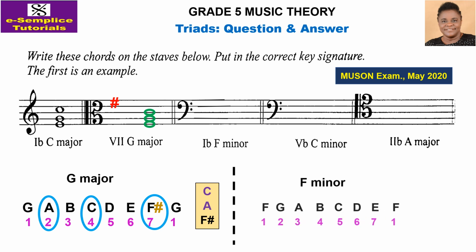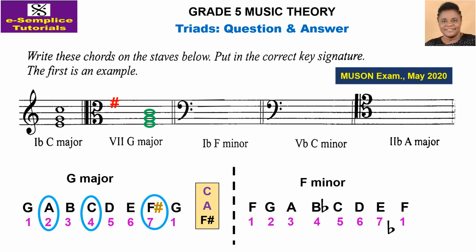So let's do that. The notes in F minor, let's add the key signature accidentals. We have B flat, E flat, A flat, and D flat. Because this is a minor key, we need to raise the 7th note, and raising the 7th note, E loses its flat.